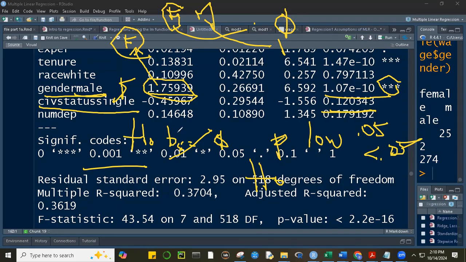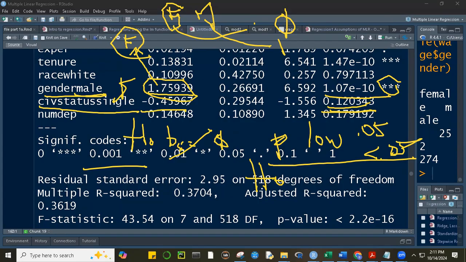Ibig sabihin, i-reject natin yung null hypothesis. Ito class hindi eh. The p is not low. Then, ang conclusion natin dito, we fail to reject the null hypothesis that b sub 6 is equal to 0. Which means there's a strong statistical reason to believe that, ano class? We fail to reject this eh. So dapat b sub 6 is equal to 0 nga. Okay? Kasi hindi siya significant. No? 0.12 to eh. However, assuming class that's significant to, no?